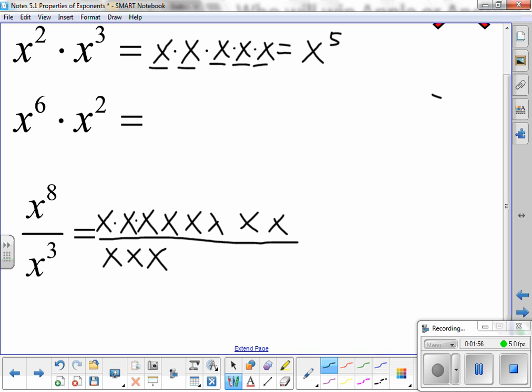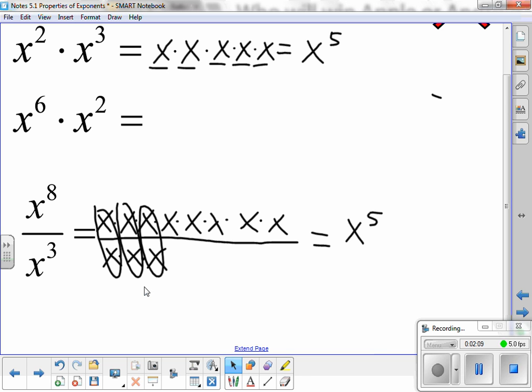Since these are all being multiplied, you have one equivalence here, one equivalence here, one equivalent there. So what you're left with is 5 x's on the top, and then nothing on the bottom, so it's just a 1. So what they found out was, hey, when we divide, then this happens. This will happen every single time. So that's the same thing as thinking about 8 x's on top, 3 on the bottom, and then they'll cancel. You can just say, okay, well, 8 minus 3 will get me this number also.